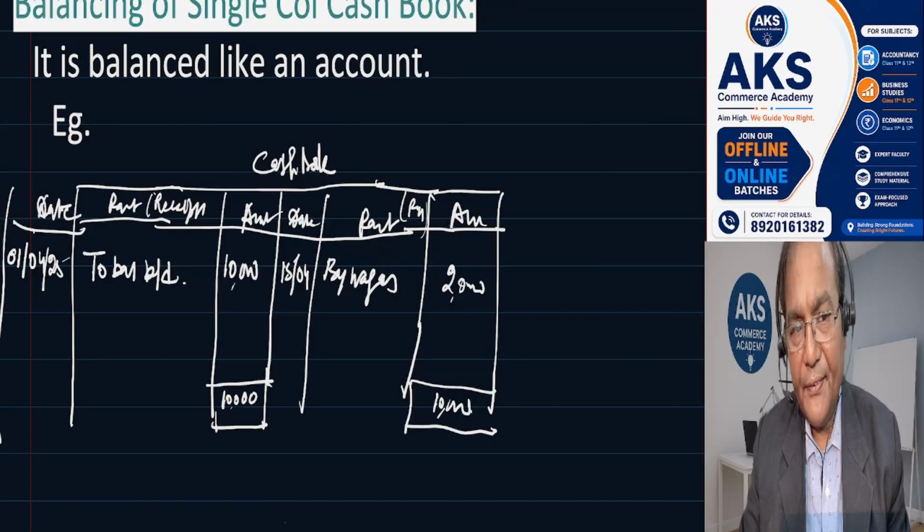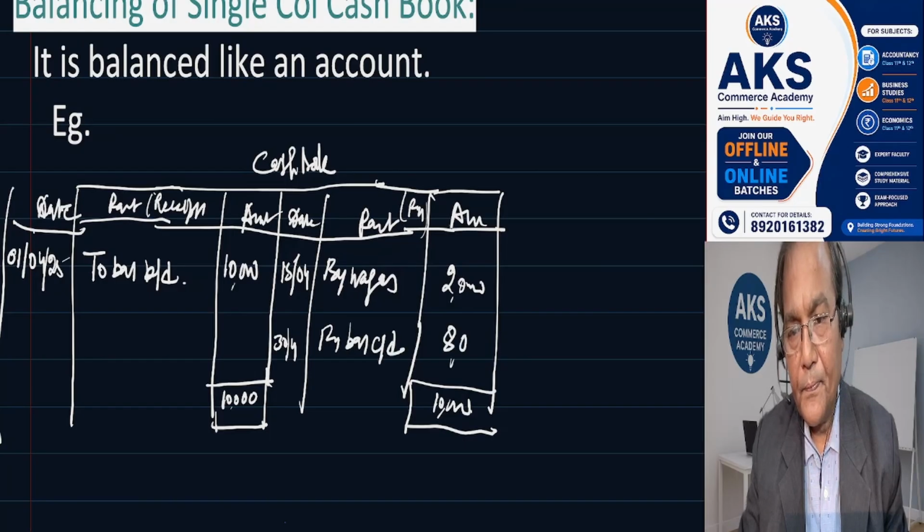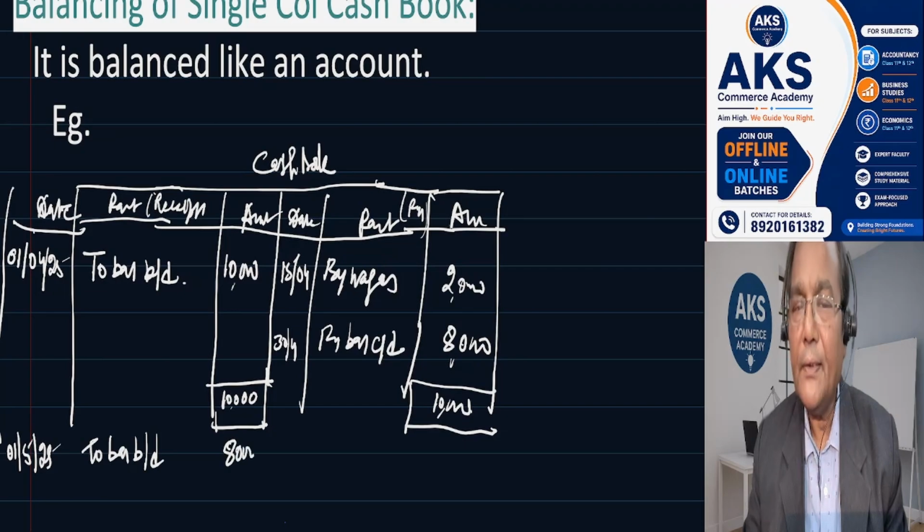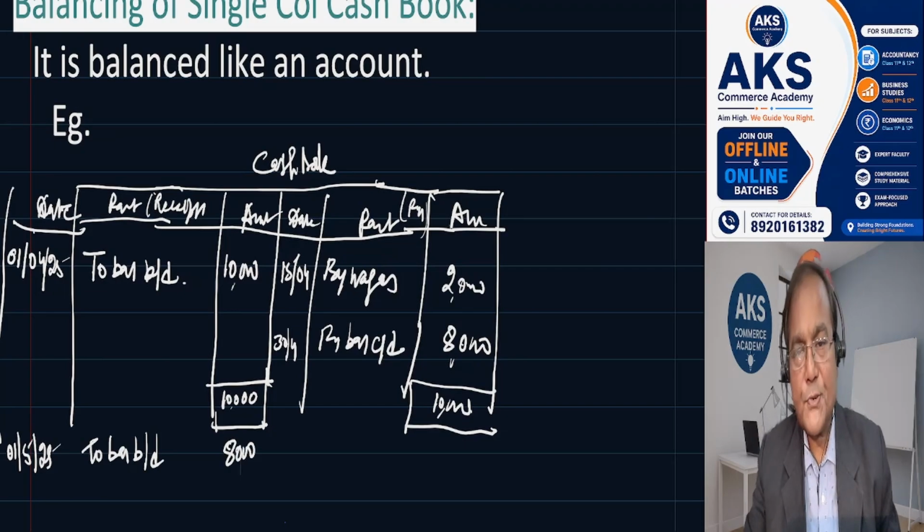On 30th April, we are closing the book, so by balance carried down 8,000. And in the next month, 1st May 25, we write to balance brought down 8,000 rupees. This is how the balancing of a cash book is done.